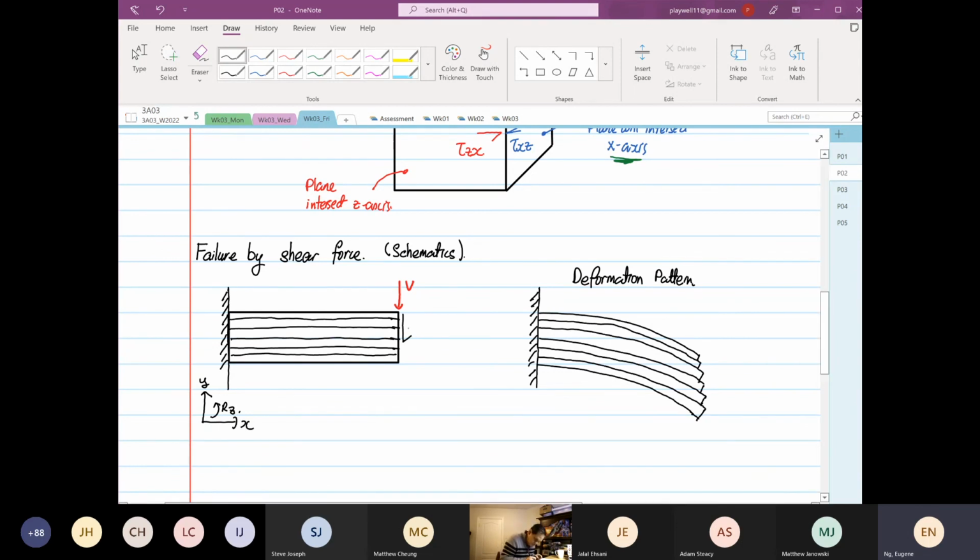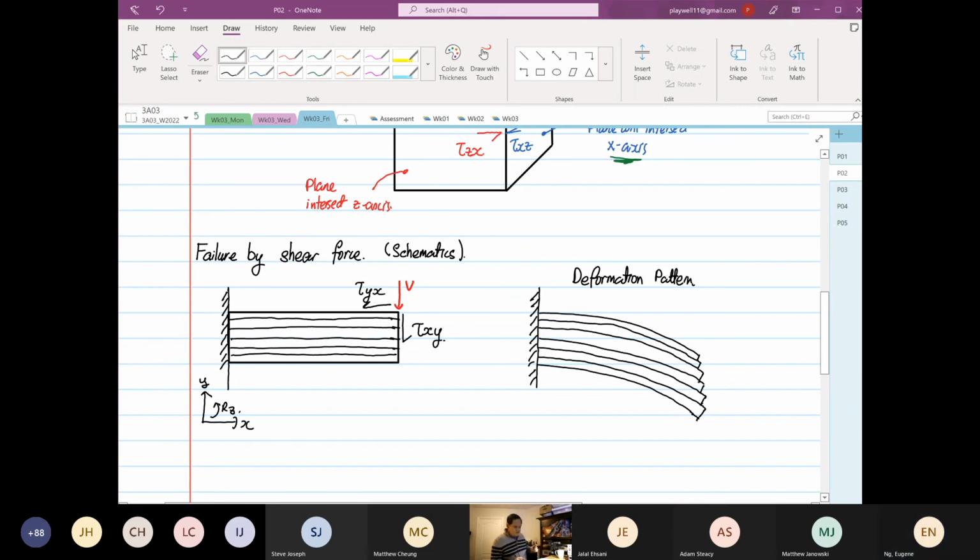So this is shear, intersecting plane is X, the direction is in the Y. So from what I told you guys earlier, you have a counter reaction. So this is shear, intersecting plane is Y, and this is X.